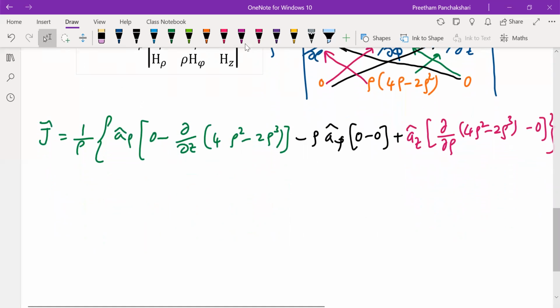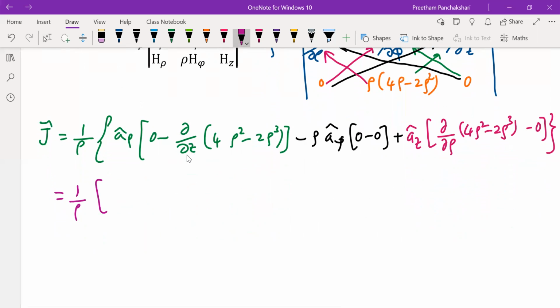Next, we'll carry out more simplification, 1 by rho. Here, the differentiation is with respect to z. There is no z term at all. It's 0. Here, differentiation is possible. So let us differentiate 4 rho square, which is 8 rho. Minus 2 rho cube is 3 raised square into 2, 6 rho square. And the last one is 0.